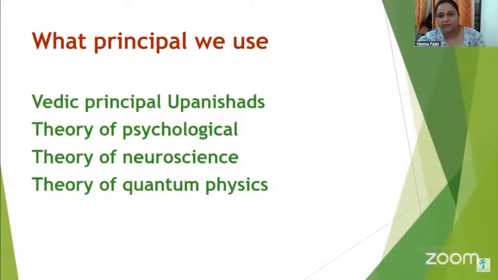So in future, a lot of research will come, and this model is continuously evolving, because whatever research comes in front of us, we are going to change our method of application, and we can give more and more benefit to our children and people who are attached to us.